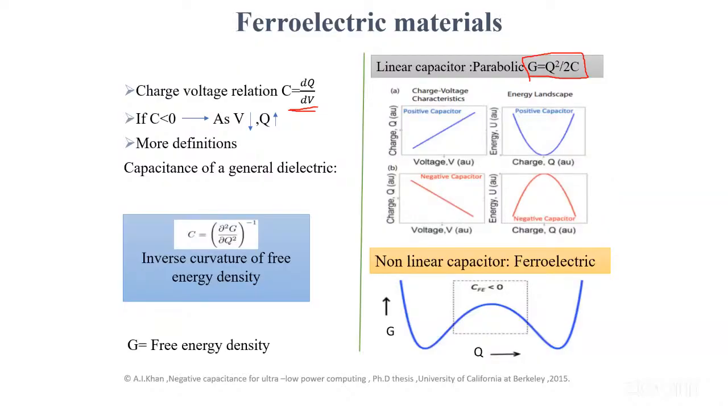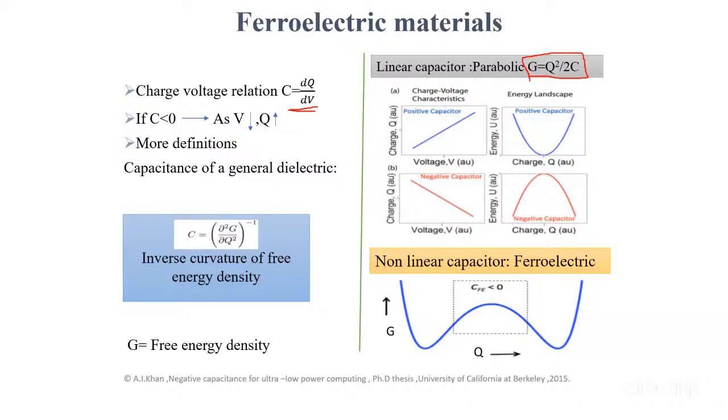From here you can find the capacitance, which is the inverse of d2G by dQ2, right? So this particular value is called capacitance, which is the inverse of the double derivative of G. The inverse curvature of the energy density is called capacitance. Okay.